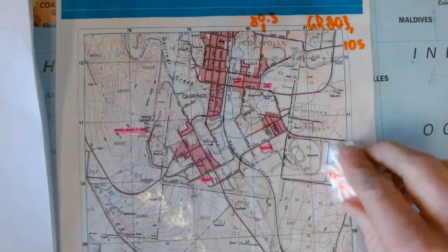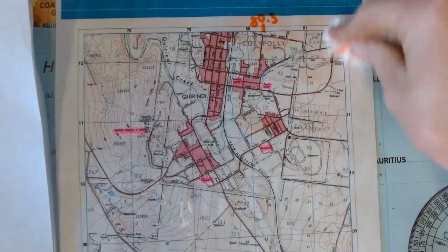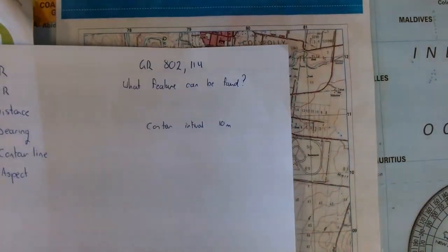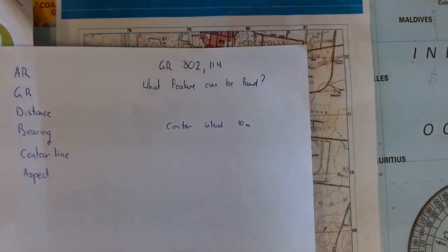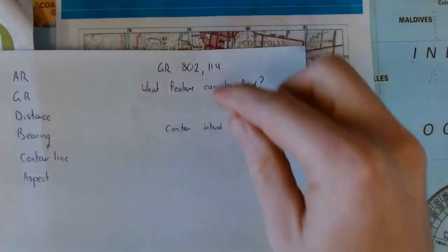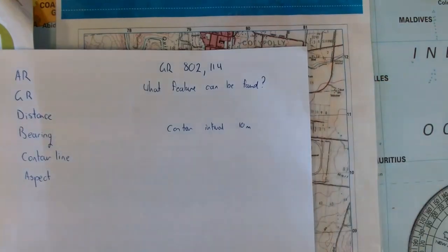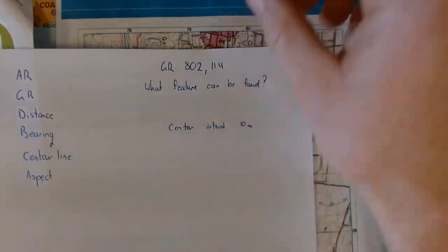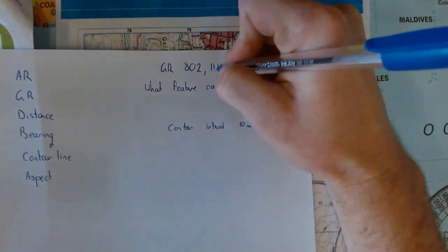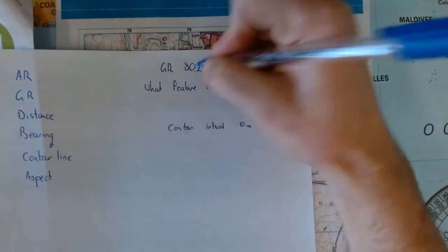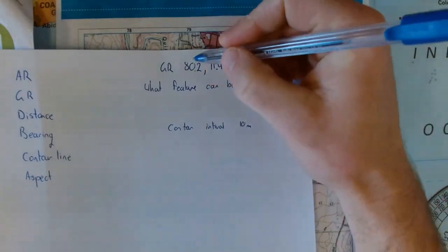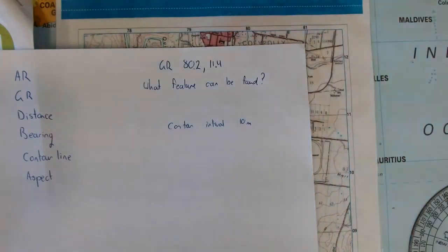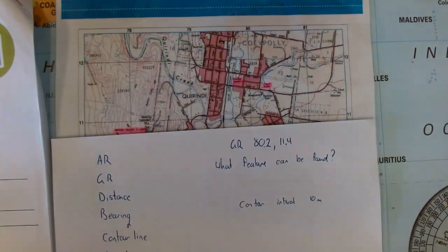So let's do this in reverse rather than asking to write down the number. What if you got a question like this? What feature can be found at grid reference 82 and 114? What I would do first is I would put the points in there, so I now know that that is 80.2 and 11.4, and I will go searching.